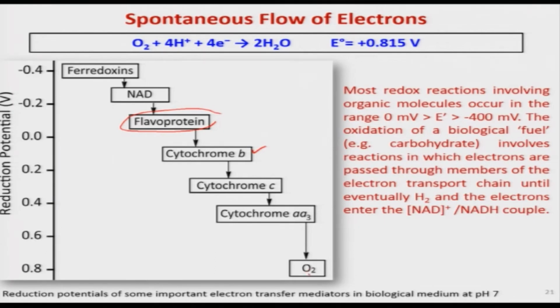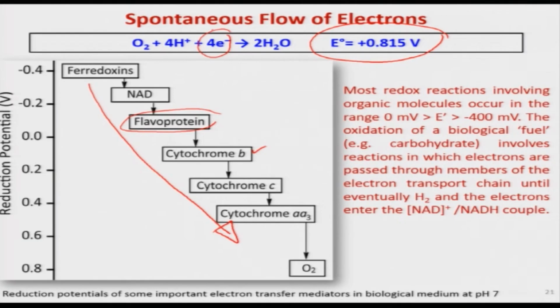You know that O2 plus 4 protons plus 4 electrons gives rise to water. It requires a potential of plus 0.815 volt. So, this potential is required, and biology gets this potential, and all these electrons flow like this spontaneously without any problem.